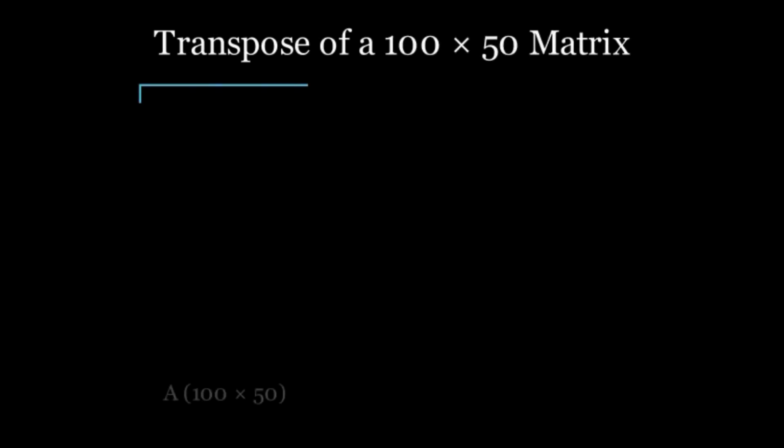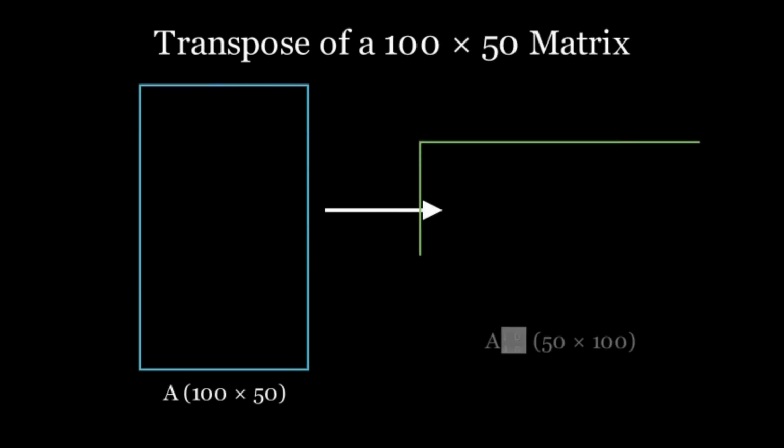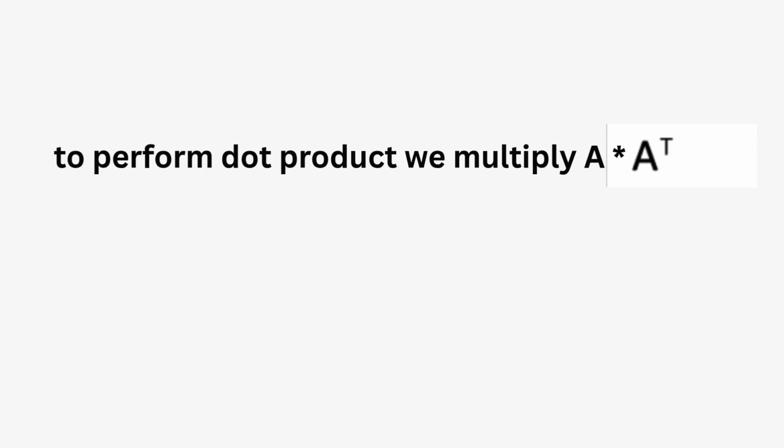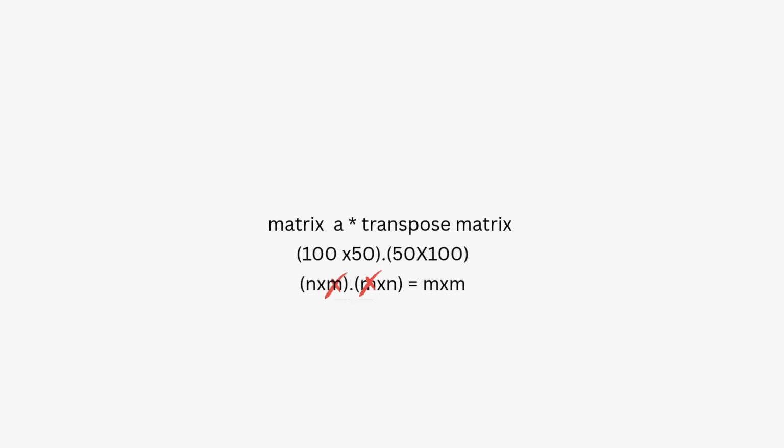In our above example, if A is 100 x 50, then A transpose is 50 x 100. Now, I told you why this transpose is required. That's because we are basically doing a dot product of the matrix, which we use to find the similarity between each element.